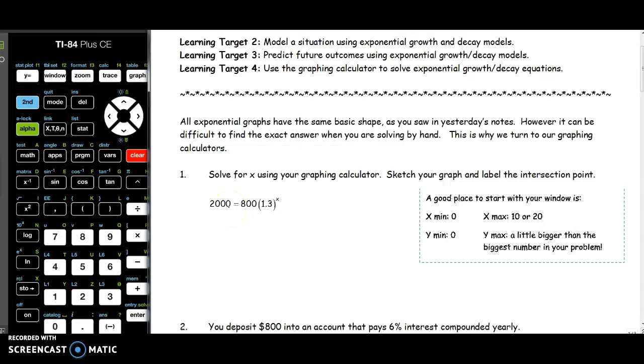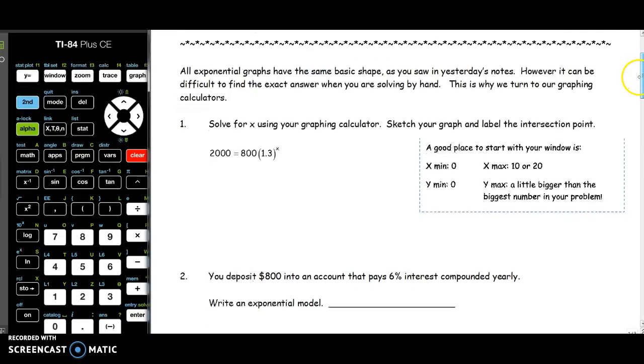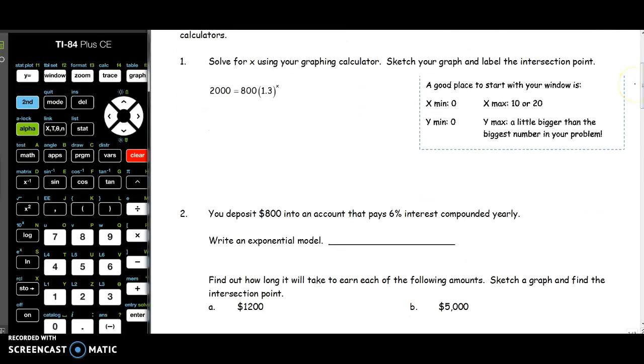Okay, so to do this, you do need your graphing calculator, so if you could take that out. How we would do that is, remember when you are graphing, you always have a y1. So we have y1, and that would be 2,000. And the other side of your equation is y2. So y2 is your 800 in this problem, times 1.3 raised to the x power.